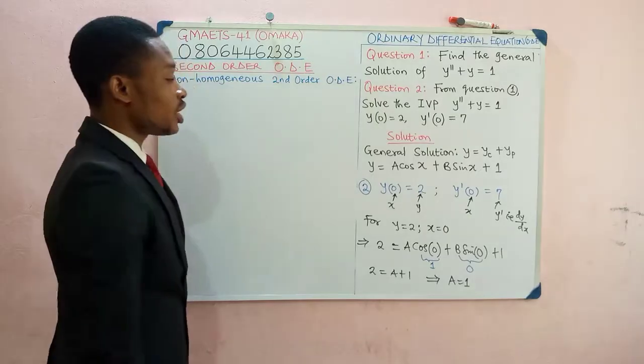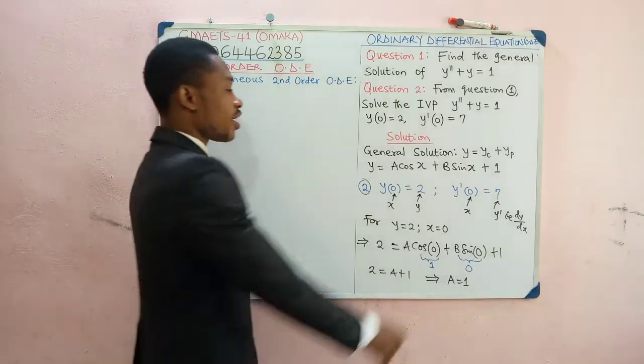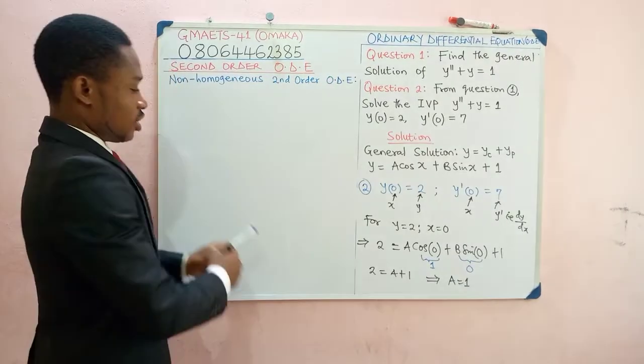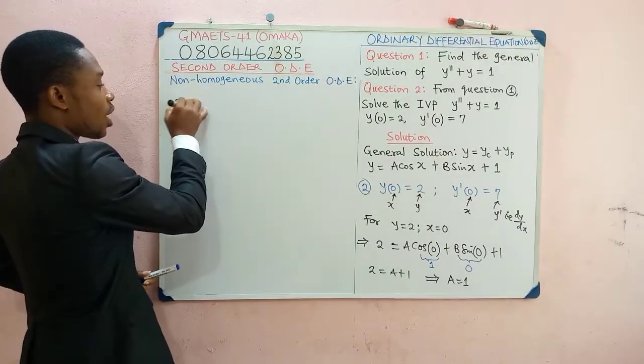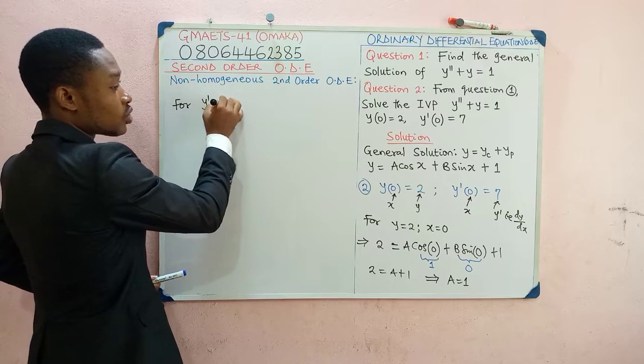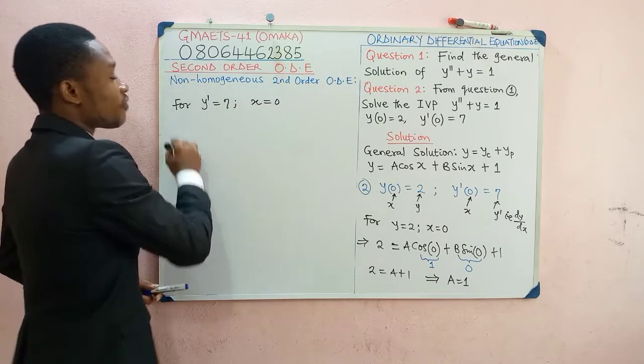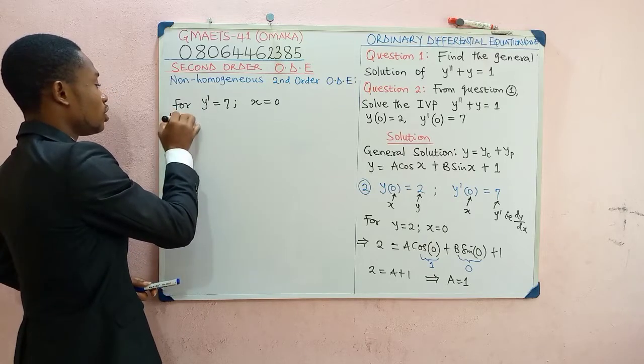We are now going to proceed to do something else. Remember, we're given another condition, that is the first derivative of y. So I'm going to write y prime equal to 7 when x is equal to 0. We are going to differentiate the general solution.